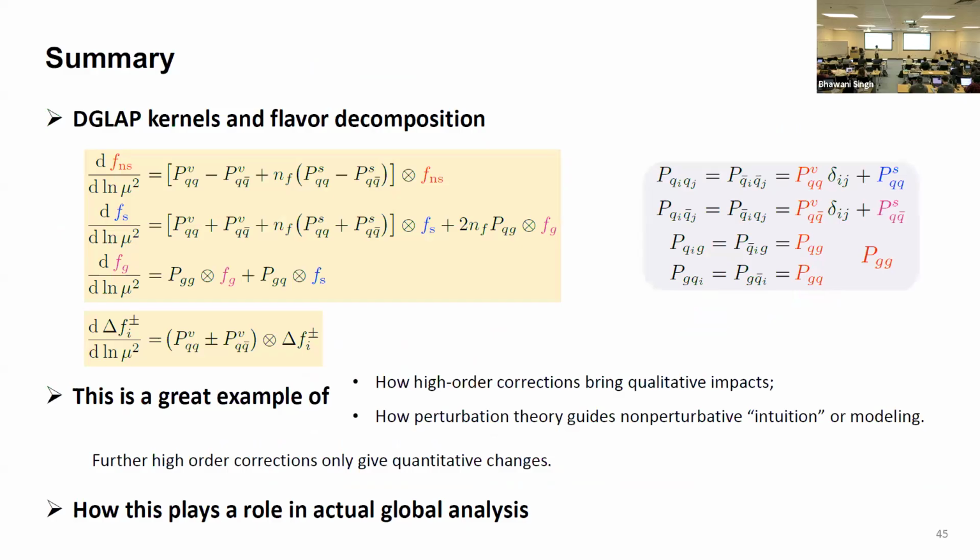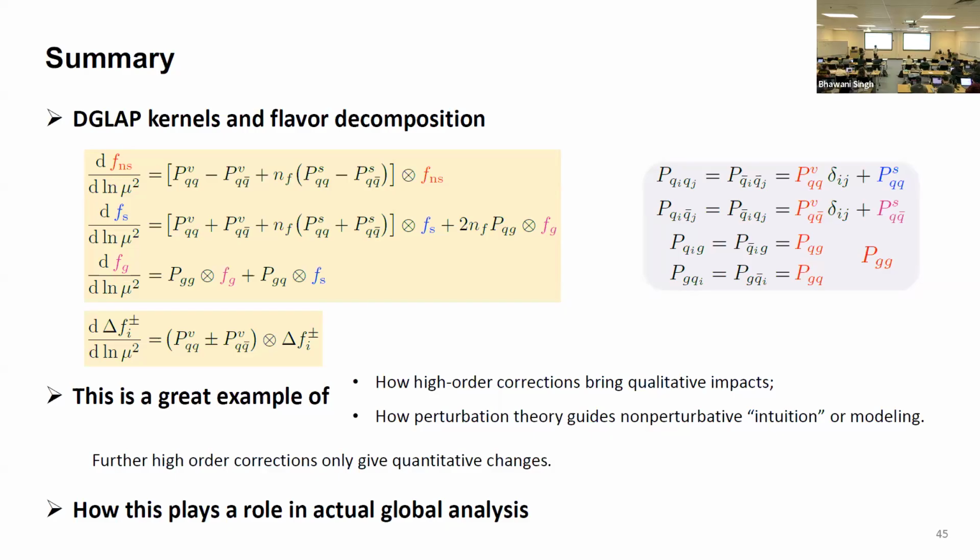And to summarize, so this is the last slide. What we have done is we disentangled all the flavors from the DGLAP evolution equations, and we have seen that there are 7 independent, non-zero kernels. I hope you have learned something from doing the exercises.